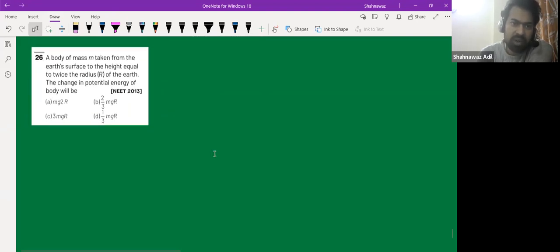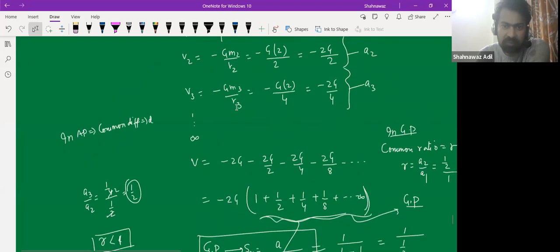A body of mass m is taken from the Earth's surface to a height equal to twice the radius of the Earth. The change in potential energy of the body will be. So this is exactly the same question that we have done in here.